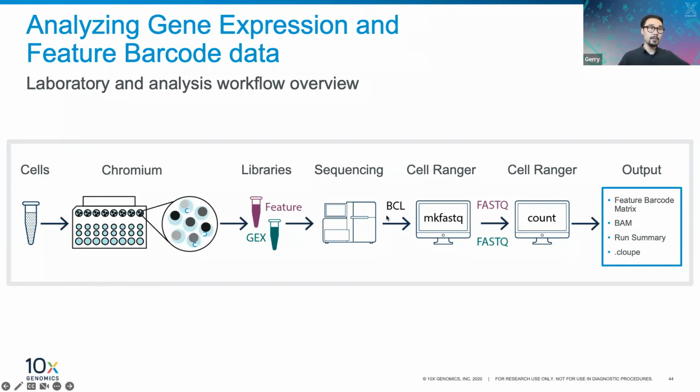After sequencing, you'll get your BCL files, which you input into Cell Ranger, our analysis pipeline. This will then generate your FASTQ files and also do all the counts. Eventually, Cell Ranger will output a bunch of different files, including the feature barcode matrix, the run summary, as well as the Cloupe file, which is the file that you input into our Loupe Browser to visualize and play with your data.